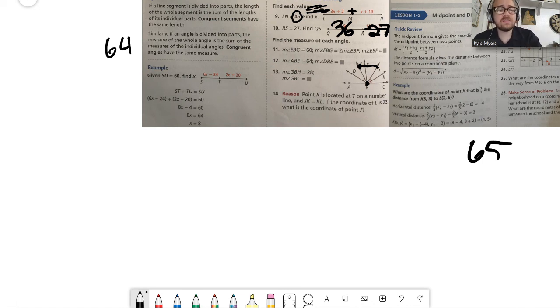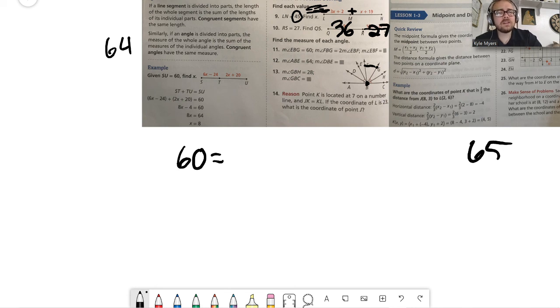So EBG, the whole space, that's 60. All right, cool. And then FBG, that's this guy. So that's a piece of that angle, a portion of it. And that is equal to 2 times the measure of EBF.